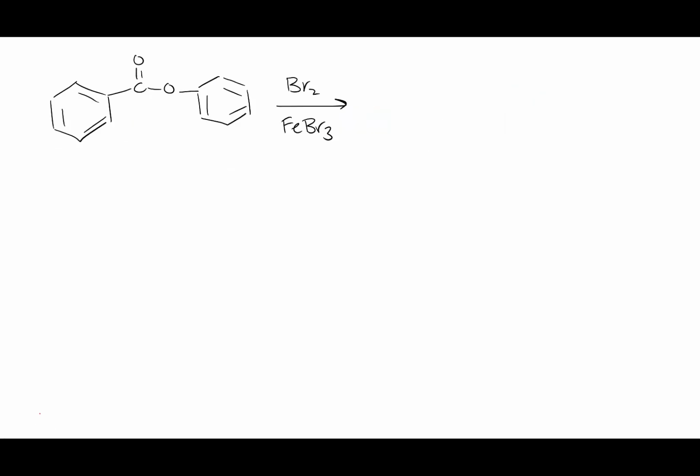And what happens when we have two benzene rings attached to groups? So the question here is, what is the electrophile from Br2 and FeBr3? It's Br+. Now the question is, which ring will the Br+ add to?